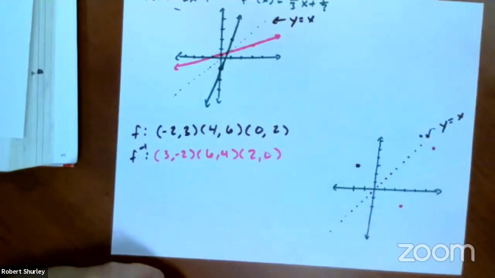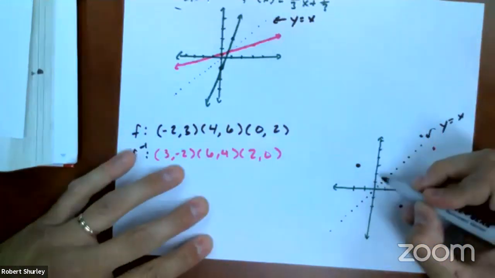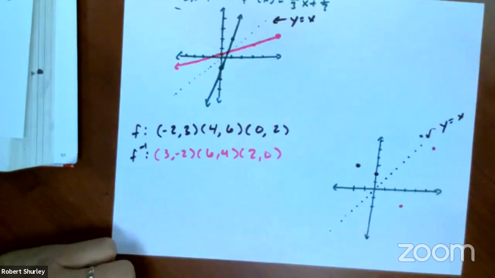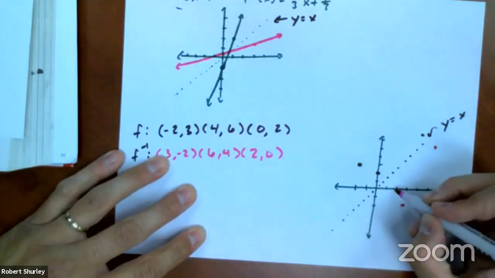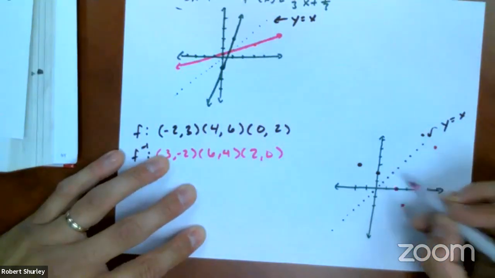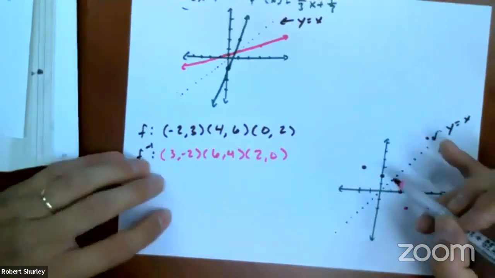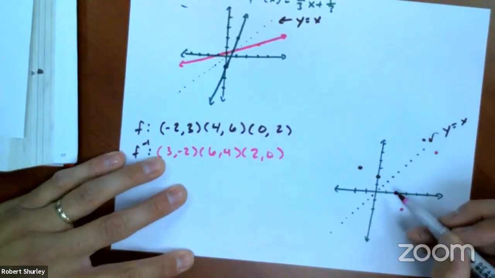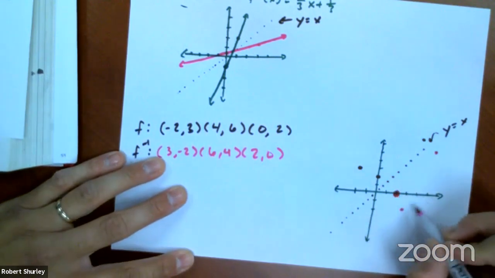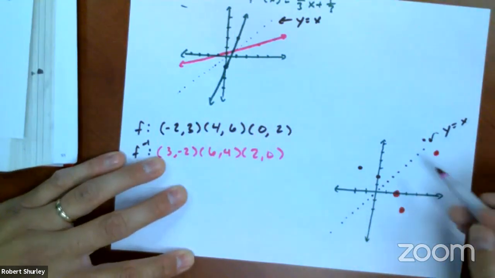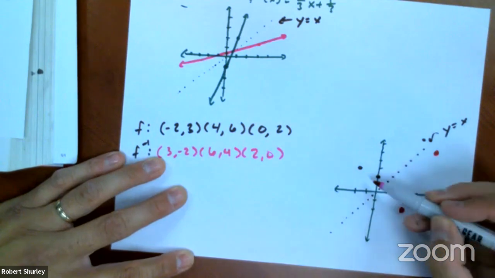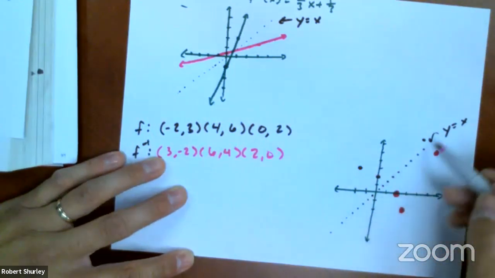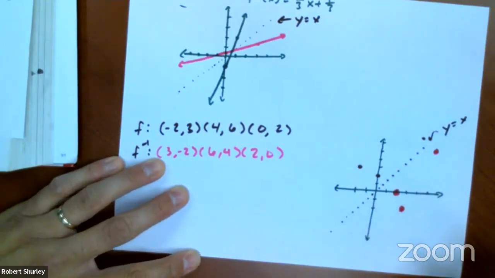And lastly, we've got 0, 2, and 2, 0. Again, symmetric around it. These weren't meant to connect, but notice that these three coordinates, that one doesn't look pink, but it is, these three coordinates are symmetric around this y equals x line, okay?